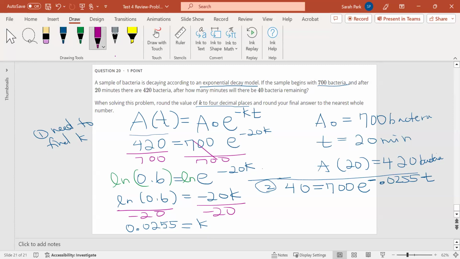Similar to what we did in part 1, you have to divide both sides by 700. You get 40 over 700. Actually, let me just keep it in that form. I'll put 4 over 70, so I don't have to round at this point, and we have e to the negative 0.0255t, and then you would do ln of both sides.